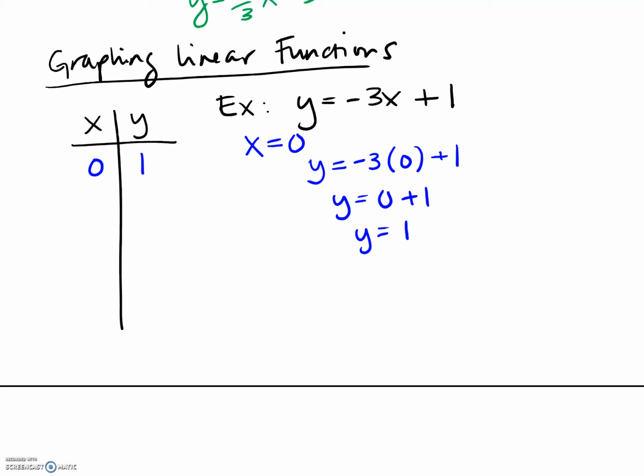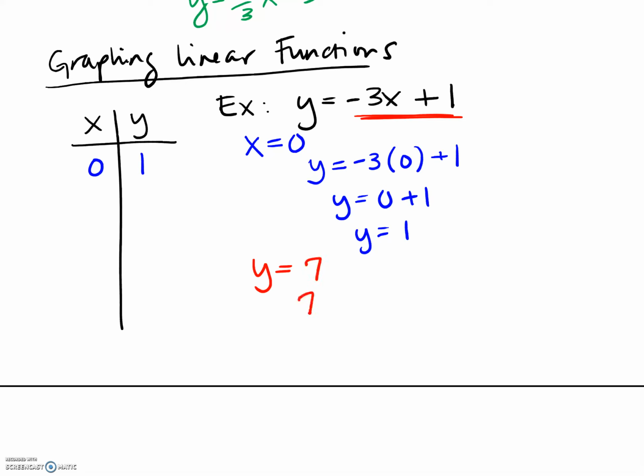I am not required to pick x's. This particular format with the equation solved out for y, it makes sense to choose x as the variable, but I could also choose something like, if I was being a little silly about it, try choosing a y.